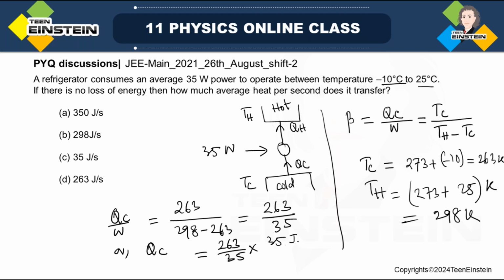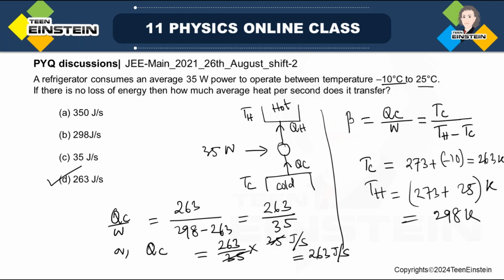Watt means joule per second. So these two will cancel each other, and then I'll get this as 263 joule per second, right? So option D will be the correct answer for this question.